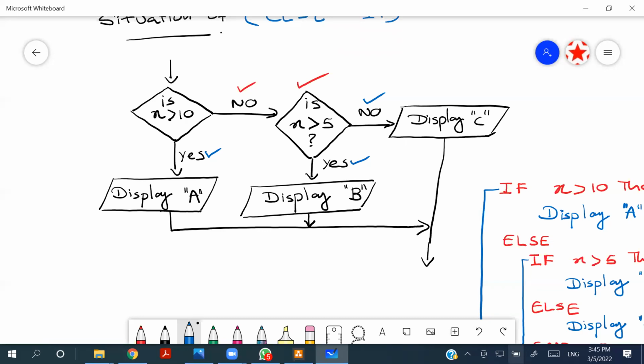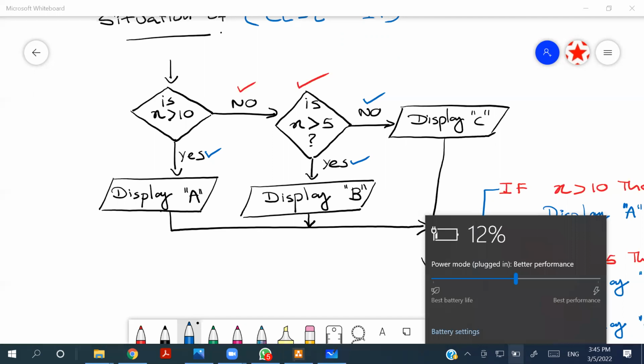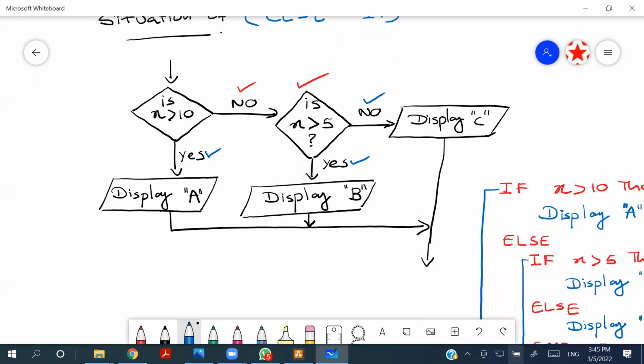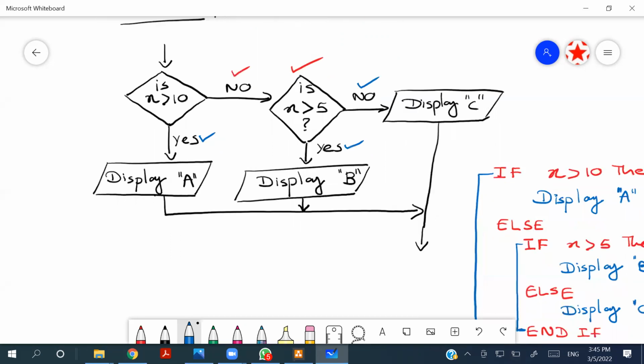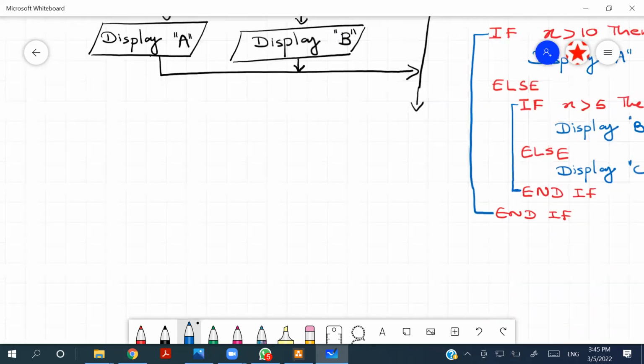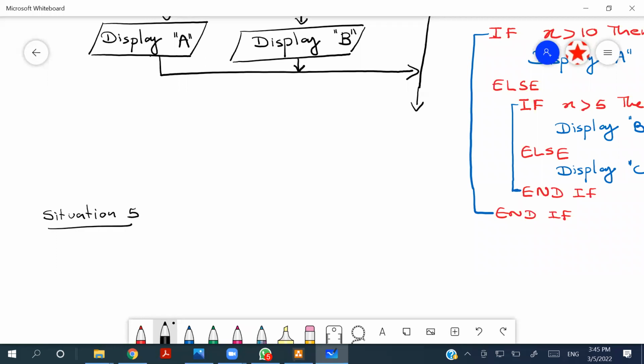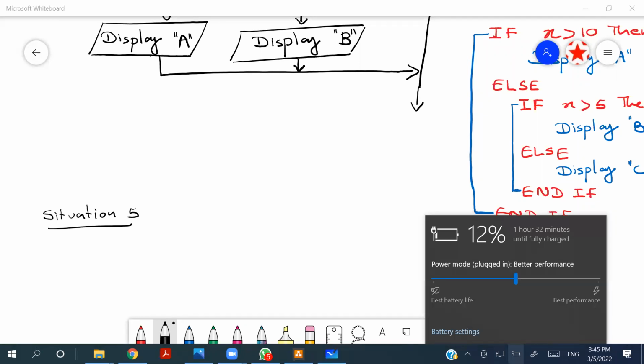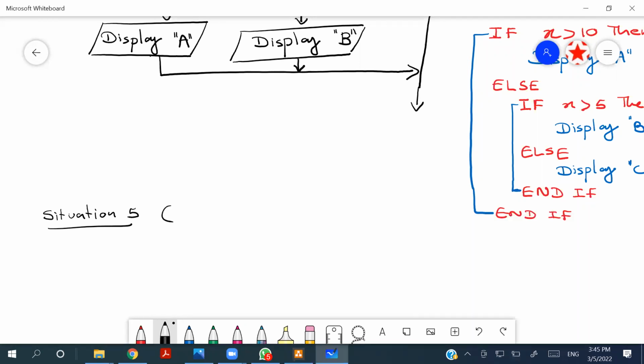Right. So situation number 5. I'm giving the topic as nested if. Nested if.